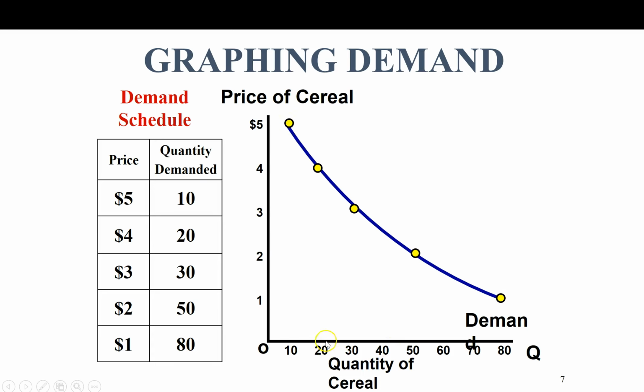And here I can plot the point 20 and 4, right? Because this is x, this is y. And I can continue on. I can plot each of these points, and when I connect the dots, I get a curve. We call this the demand curve. This represents the collection of points that would be combinations of price and quantity that the market demands.